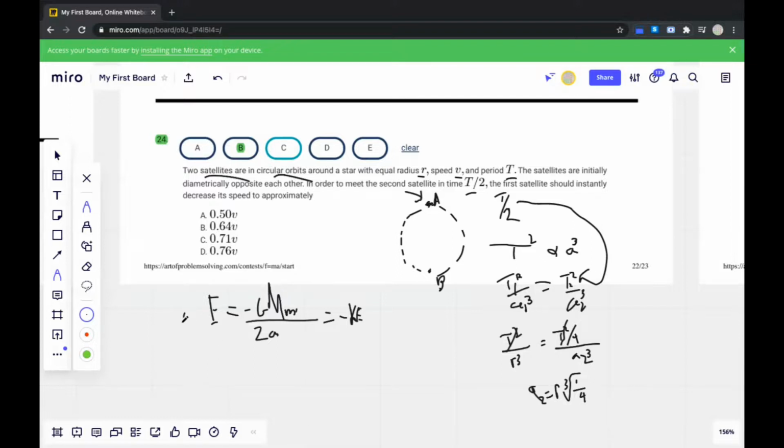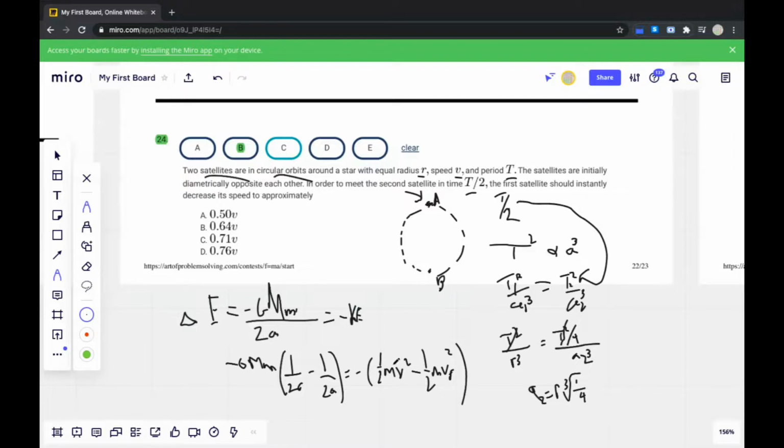So the change in energy is going to be negative GM times m times (1 over 2r minus 1 over 2 times the new semi-major axis). And this must be equal to the negative of 1/2 times the mass of the satellite times its original velocity squared minus 1/2 times the mass of the satellite times its final velocity squared.